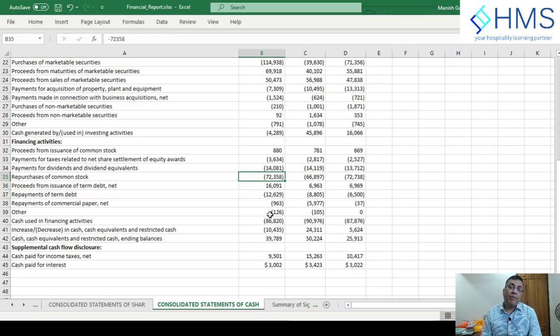Since that information is not available on the face of the profit and loss statement, or here, what the company is earning from the marketable securities or US Treasuries, and how much the company is paying on the term debt, is not clear. So we are not able to understand the impact that it is making on the profit and loss statement. So we have to seek further information from the company itself.